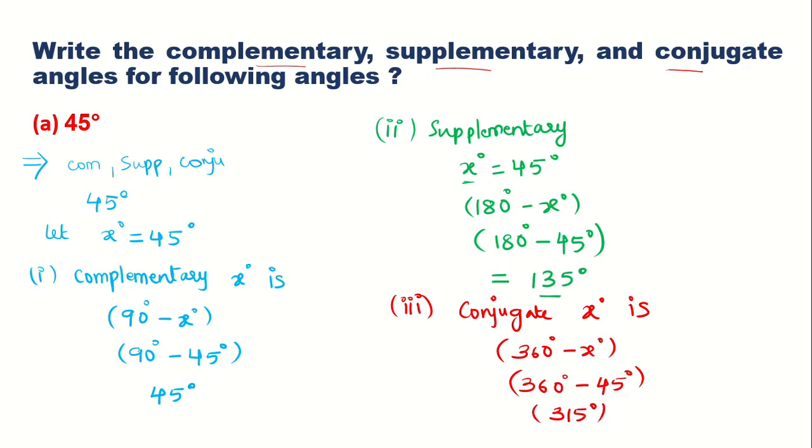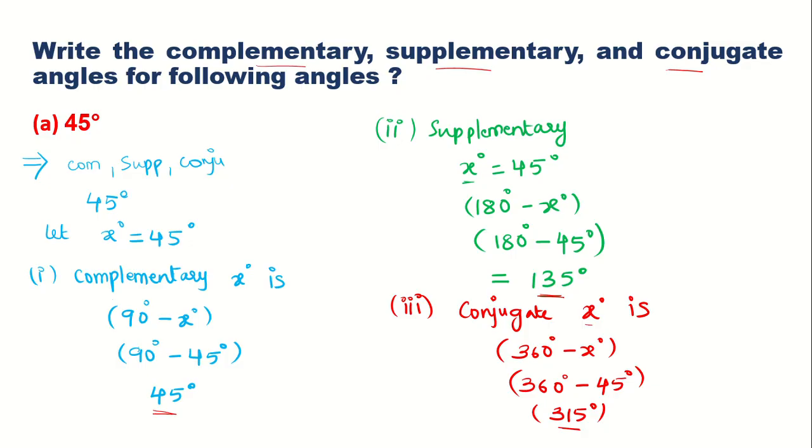Right. So the conjugate angle of x degrees is 315 degrees. We have found the complementary of x degrees is 45 degrees, the supplementary of x degrees is 135 degrees and the conjugate of x degrees is 315 degrees.